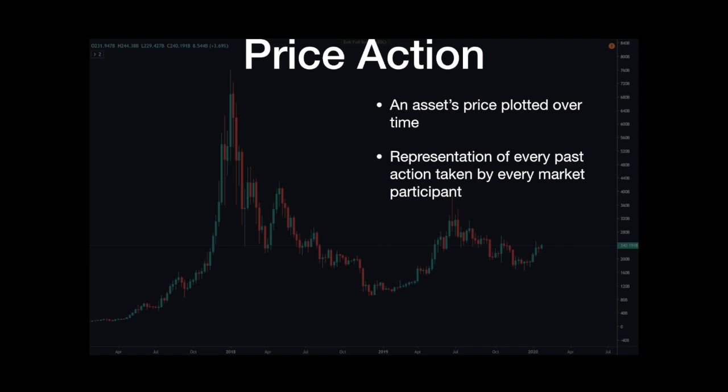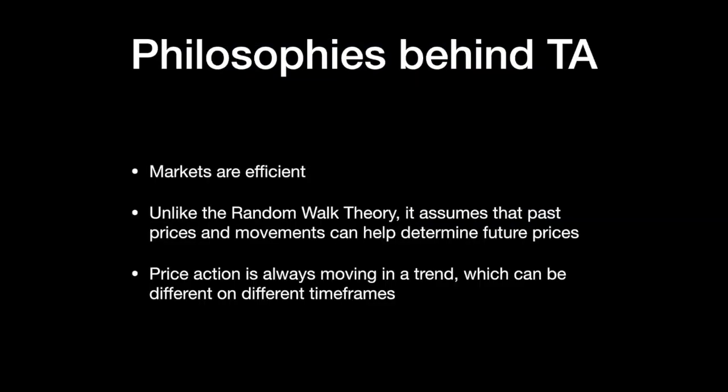Now, mainly, technical analysis employs three different philosophies. The first one being that price discounts everything, meaning that whatever news event or other fundamental information is already expressed by the price, right? The second one is that unlike the random walk theory, according to which prices are random, it assumes that past prices and movements can help determine future prices, right?